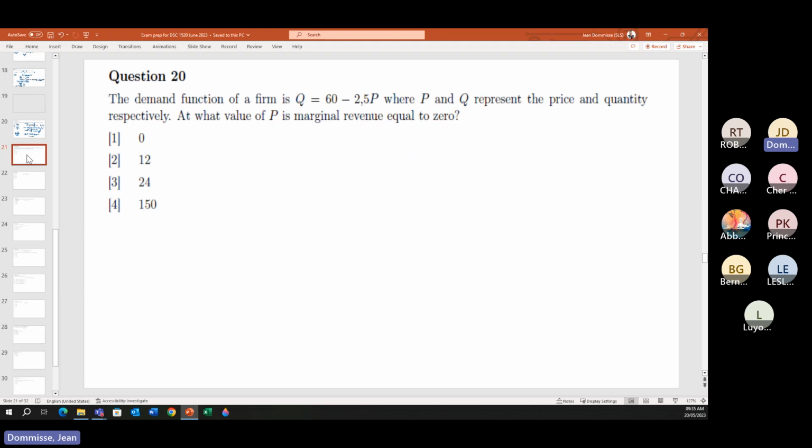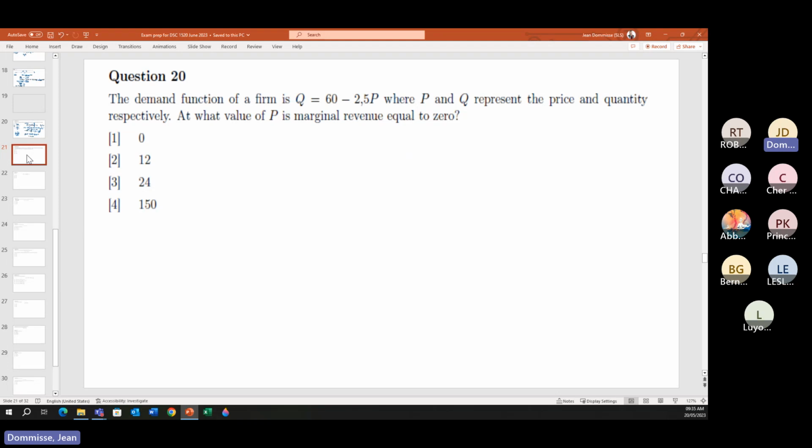So now suddenly we're in demand again. Demand function of a firm is that, where P and Q represent price and quantity. At what value of P is marginal revenue equal to 0? Sure.